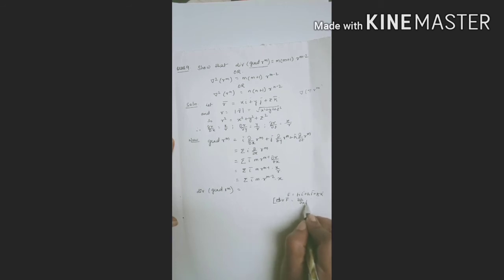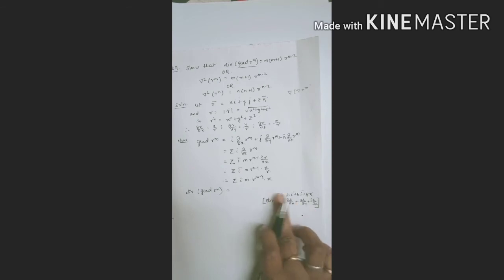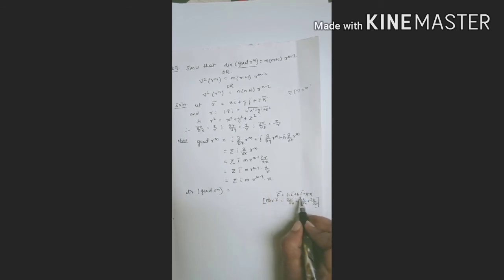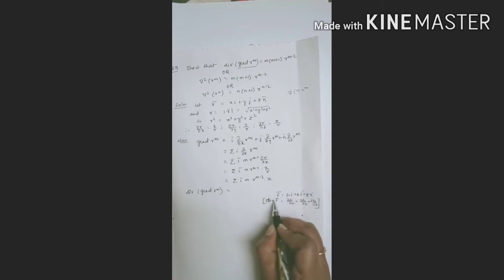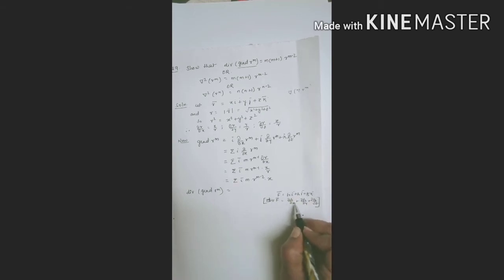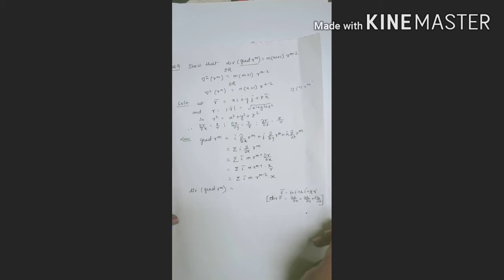Del f1 by del x plus del f2 by del y plus del f3 by del z, right? All of us know this thing. If vector f is f1 i plus f2 j plus f3 k, then divergence of f is nothing but del f1 by del x plus del f2 by del y plus del f3 by del z.